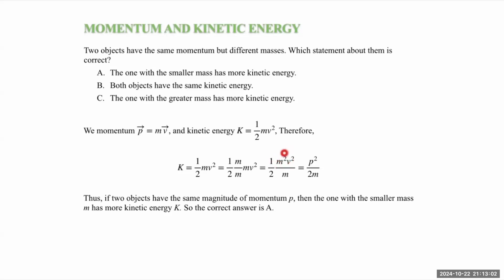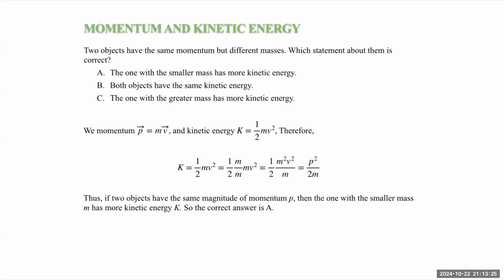Mass squared, velocity squared, divided by mass. So I can write my kinetic energy as momentum squared over 2 times mass, right? So kinetic energy is proportional to the momentum squared and inversely proportional to the mass.